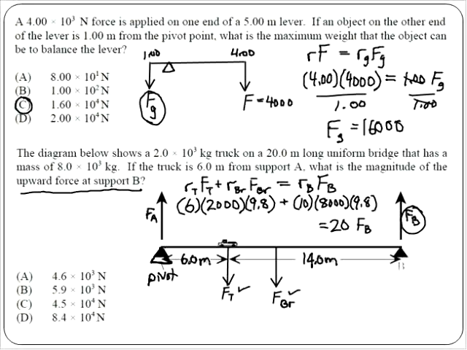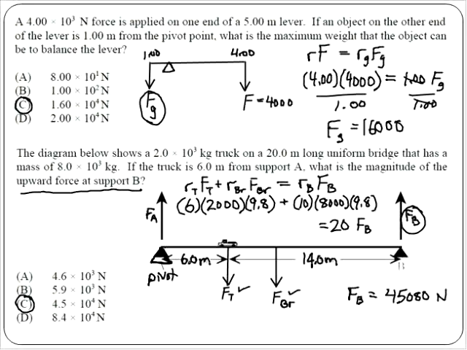So you just divide both sides by 20. And when you do that, you get the force for the bridge, FB, would equal 45,080 newtons. So again, in scientific notation, that would be this number right here. 4.5 times 10 to the power of 4.